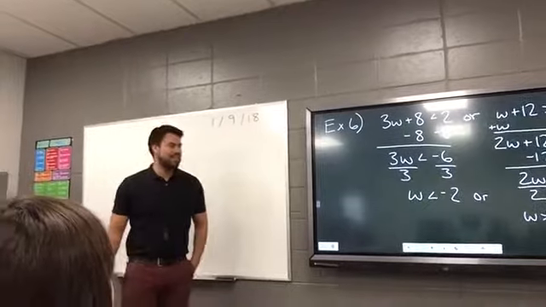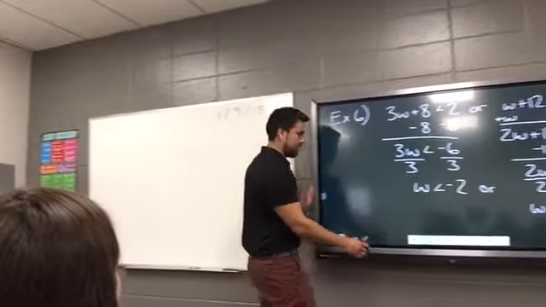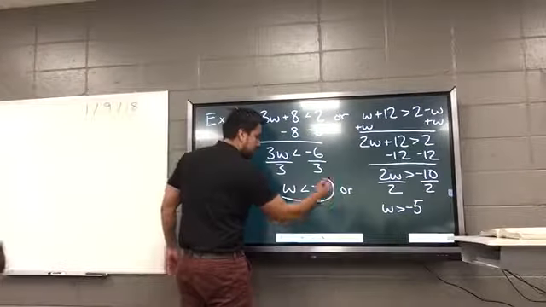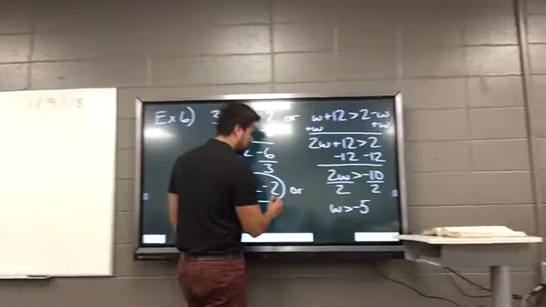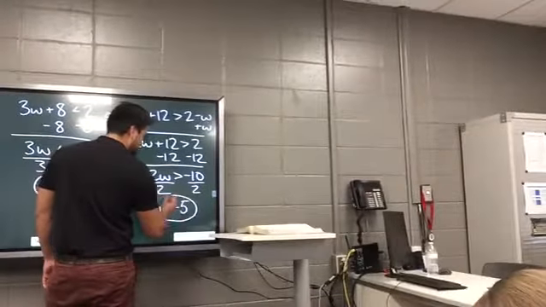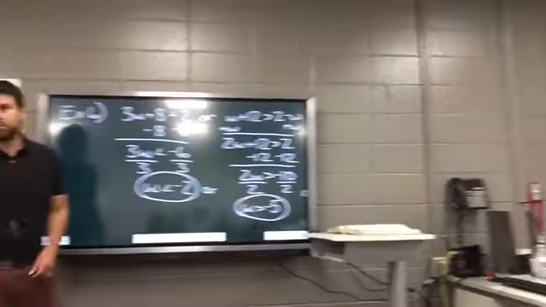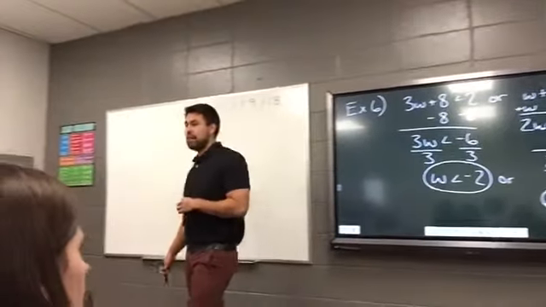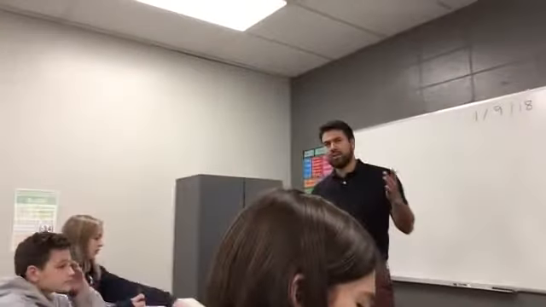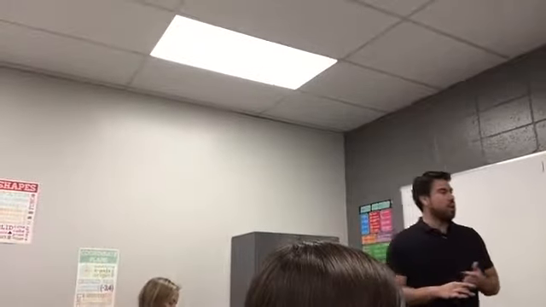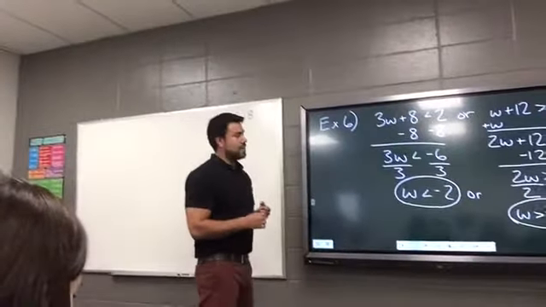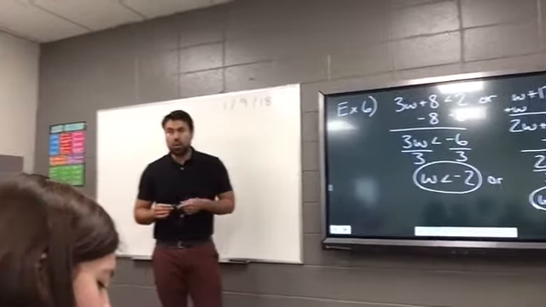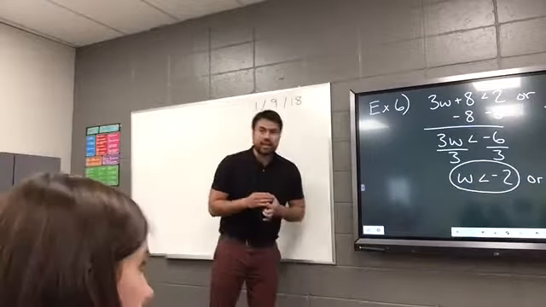Okay, so I have these two right now. w is less than -2, and w is greater than -5. Any questions on that? We just solved them. What's the word between them? Or. Okay, so what numbers are less than -2 or greater than -5?